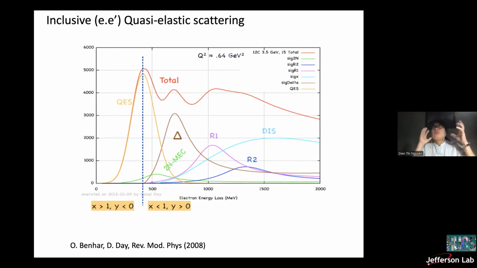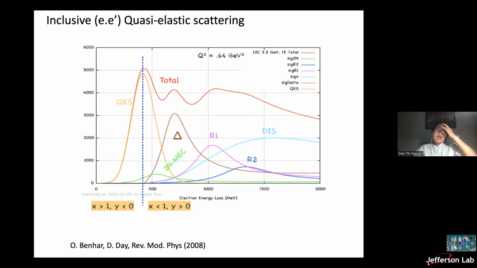So we are pretty good at identifying the quasi-elastic peak, but we have this mixing problem. In order to understand the quasi-elastic peak, we want to see a little more detail: how it depends on different nuclei, how it depends on nuclear mass, and how it depends on Q squared.